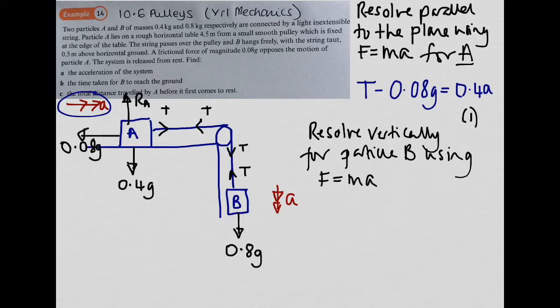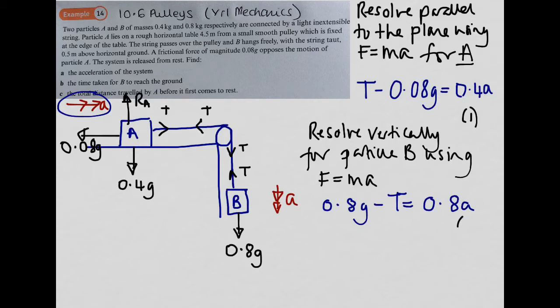Again, forces in the direction of motion, so downwards is 0.8 g. Forces in the opposite direction is T, and that equals my mass, which is 0.8, multiplied by my acceleration. So there is a second equation.